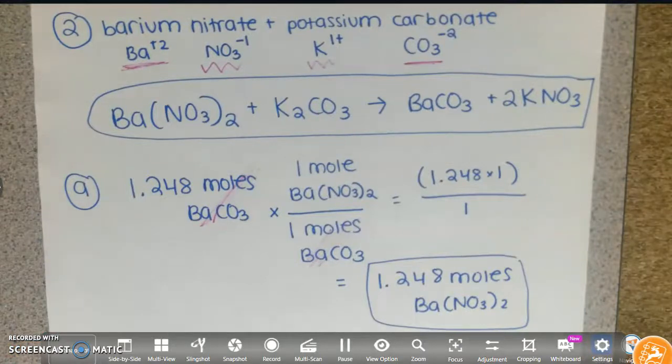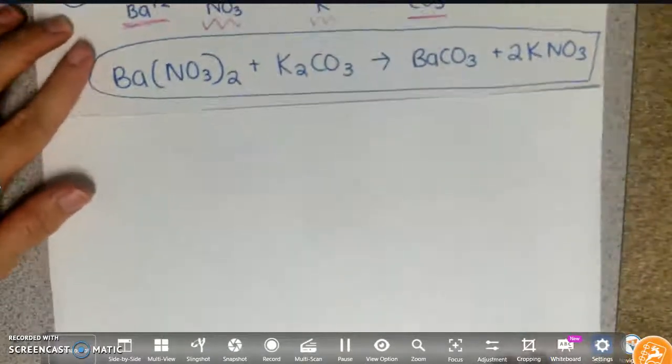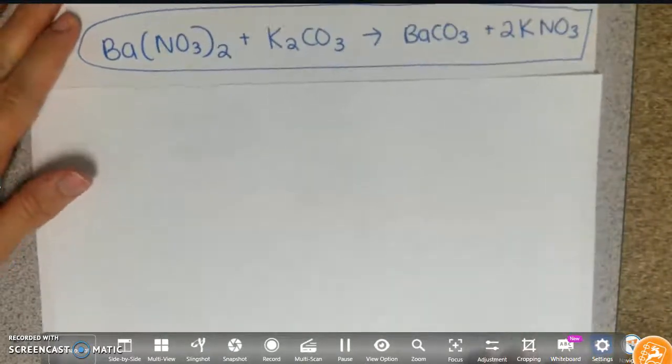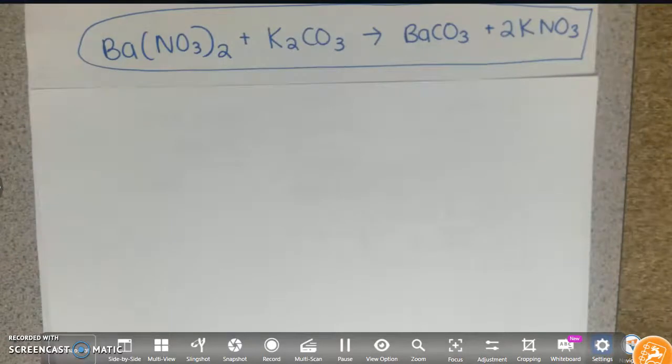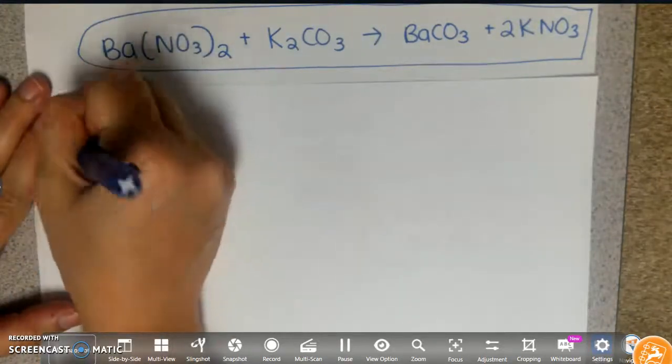Now for part B, I want you to change the problem. The problem says how many moles of potassium nitrate will be produced. I want us to actually solve for grams of potassium nitrate. So B, where it says how many moles, let's change that to be how many grams of potassium nitrate. Okay, but the rest will still be the same.